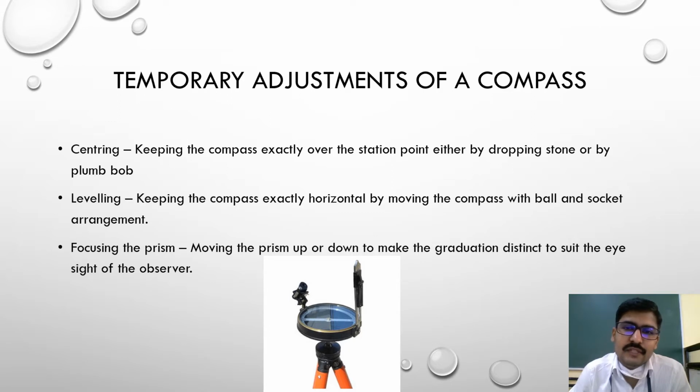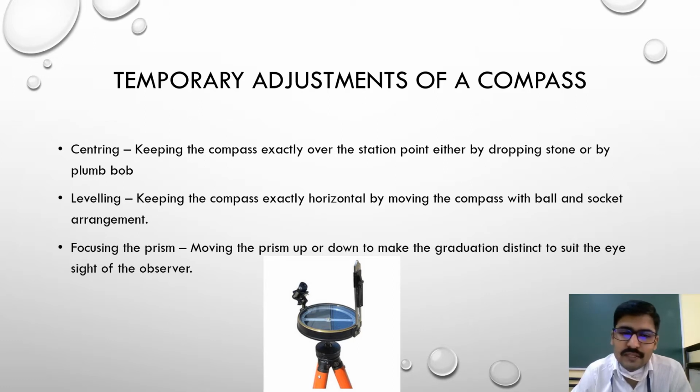In such cases, to first verify whether the equipment is correct or not, you carry out some tests. You test the equipment first, and if the test says that the equipment has some error, then you need to go for permanent adjustment. Similarly, if the test says the equipment doesn't have any error, you may continue using the equipment without permanent adjustments.